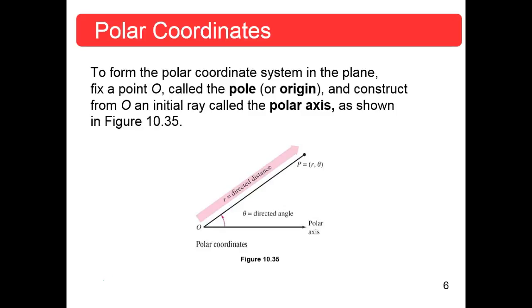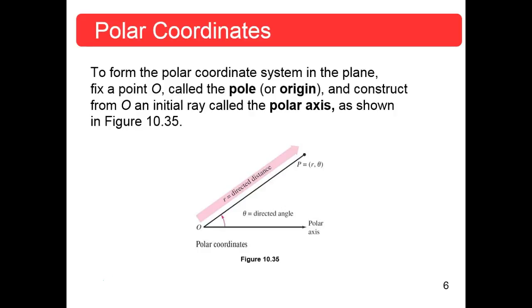And then every point in the plane is represented by an ordered pair, but not of x and y, but by r, which is the distance from the origin, and theta, which is the angle that's been rotated in the counterclockwise direction from your polar axis. Okay? The polar axis is just about always assumed to be the positive x-axis.